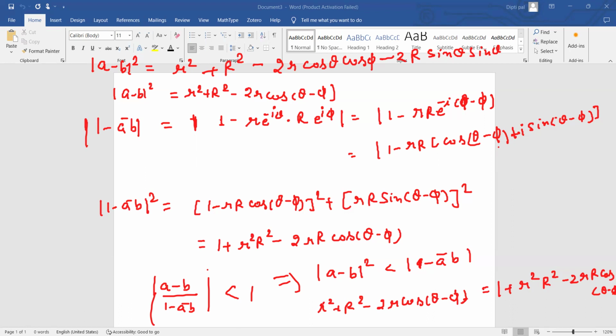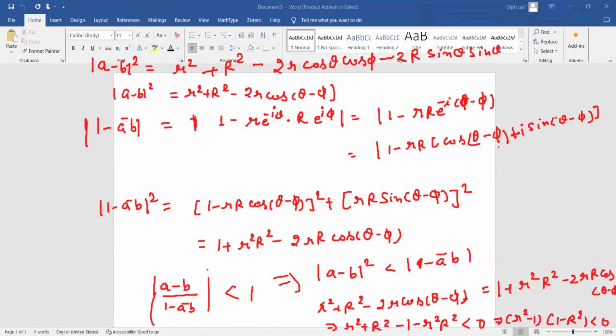So it will come r square plus capital R square minus 1 minus r square capital R square is less than 0. So this implies (r square minus 1) into (1 minus capital R square) is less than 0.